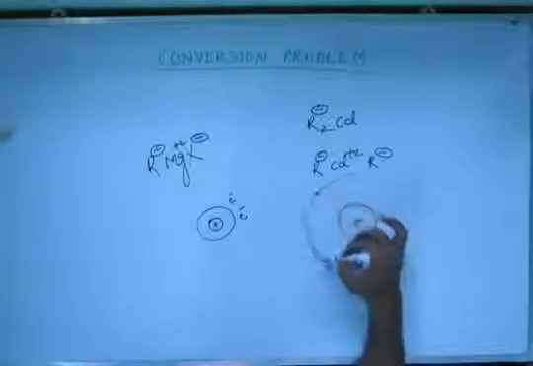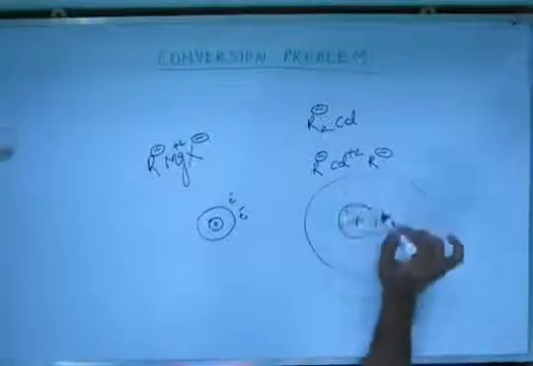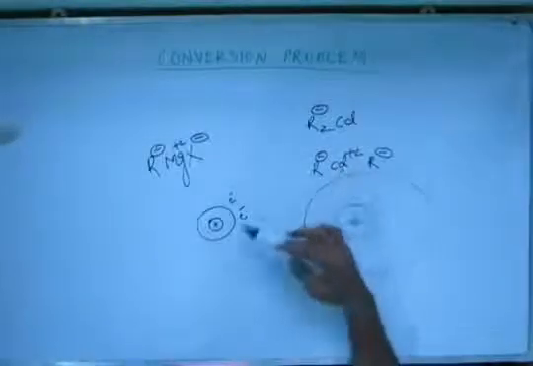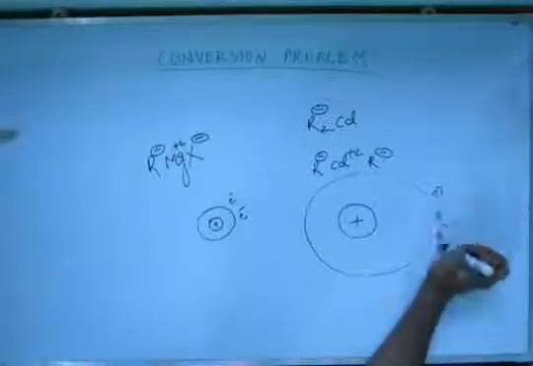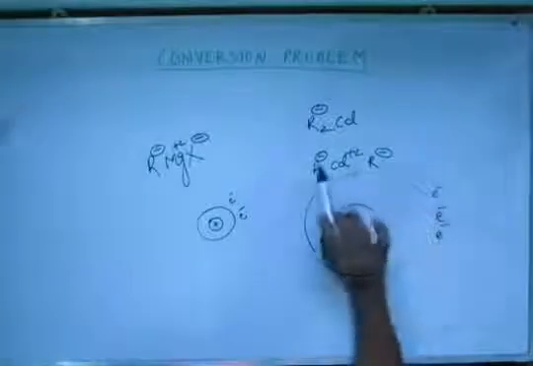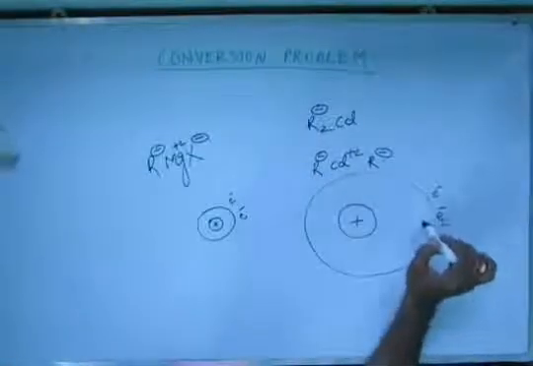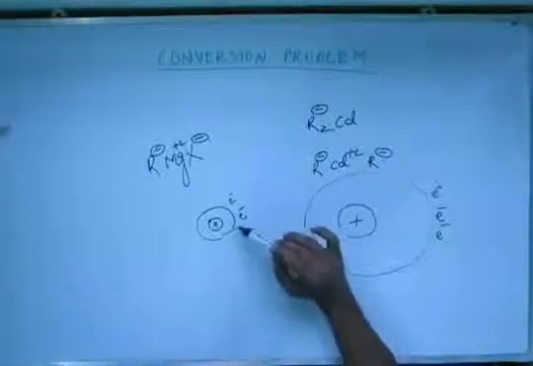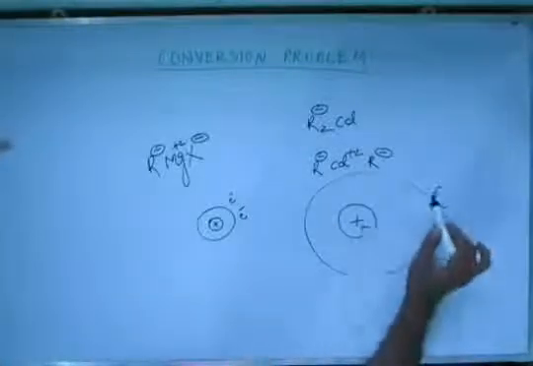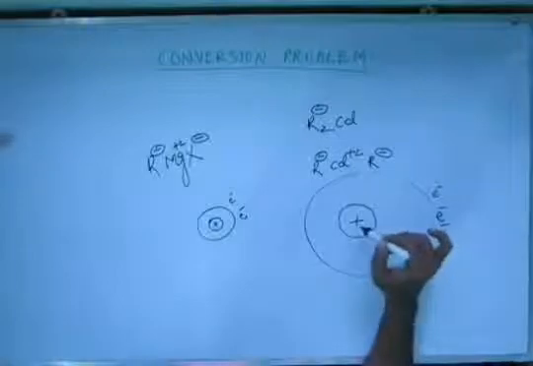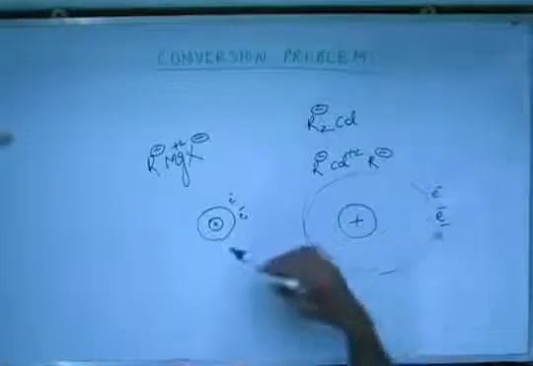You'll also have larger distance from the nucleus because the shell number is higher than in magnesium. So if you have some external electrons, and these are the electrons of this R, they are not in the shell of cadmium or magnesium but outside. Still this nucleus will have some influence on these electrons, and will tend to attract them.